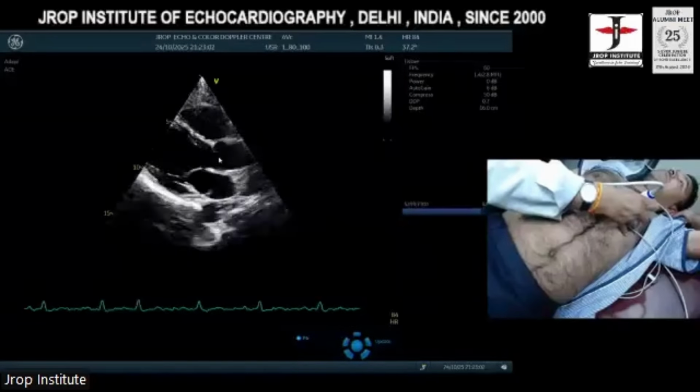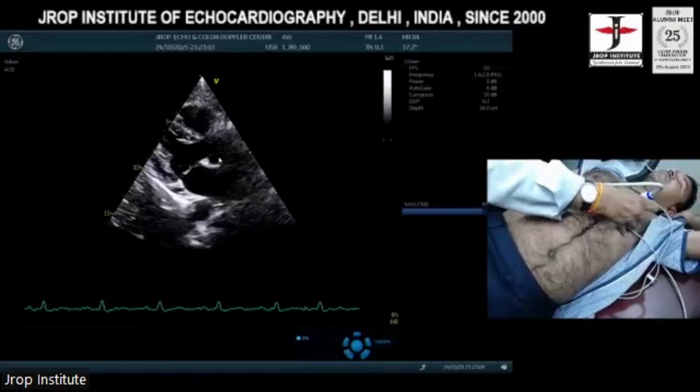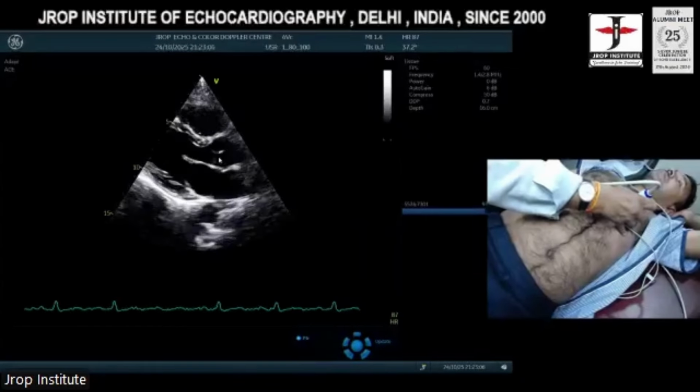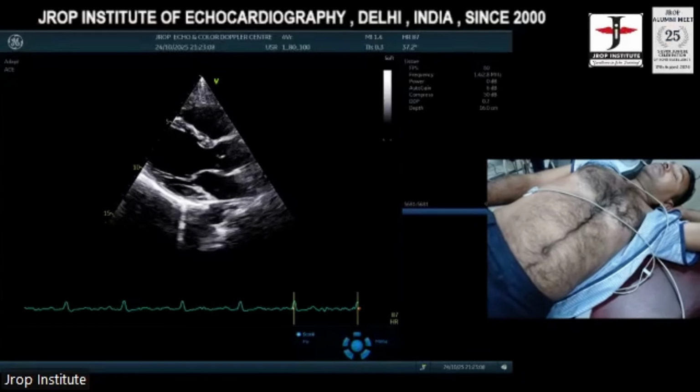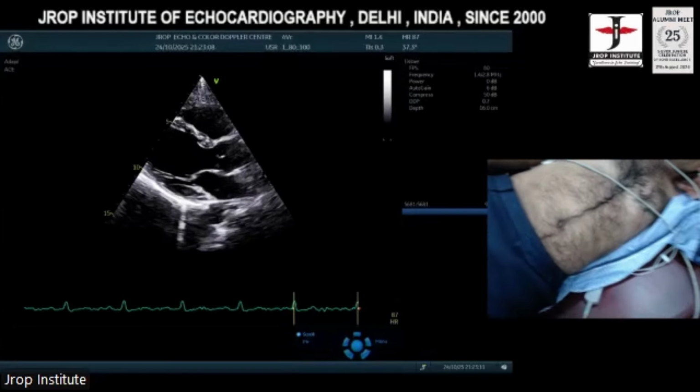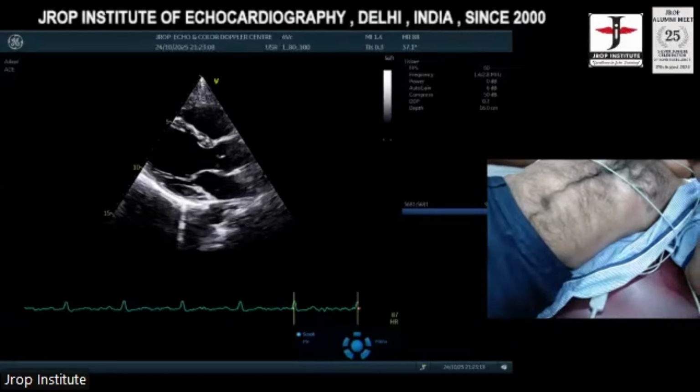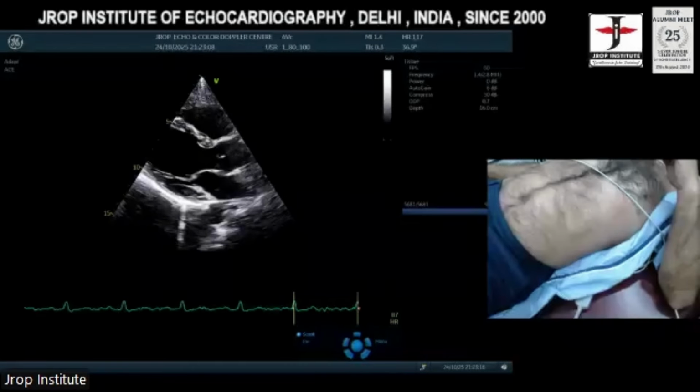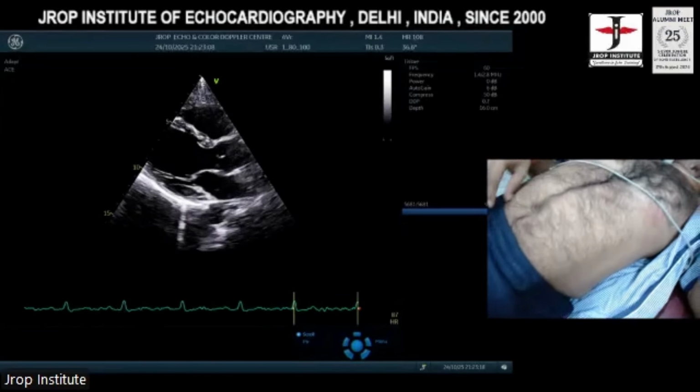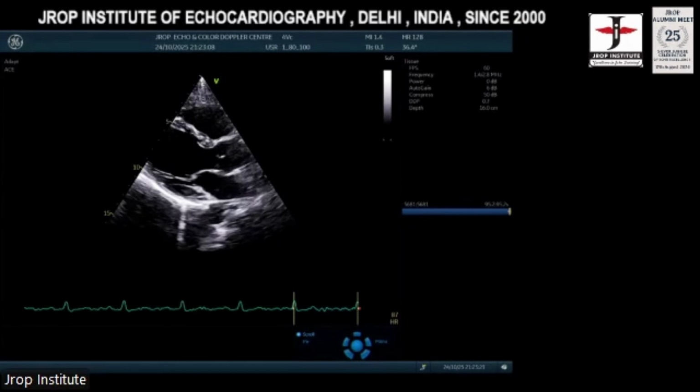So I think that is what we need to understand as far as Doppler is concerned, because this is the backbone of our whole teaching. I know this is the toughest thing to understand, but if you can't understand all this, nothing else will be possible. So we'll keep one more session for a live demonstration after 2 weeks.